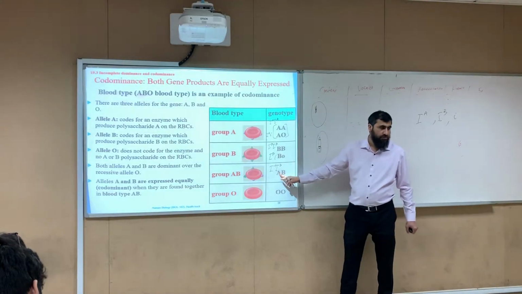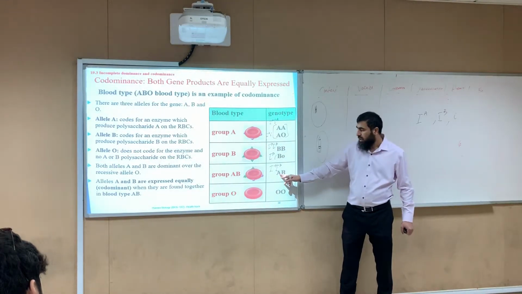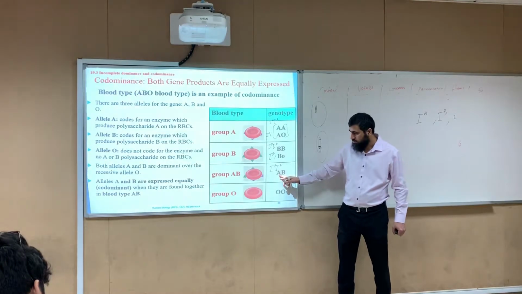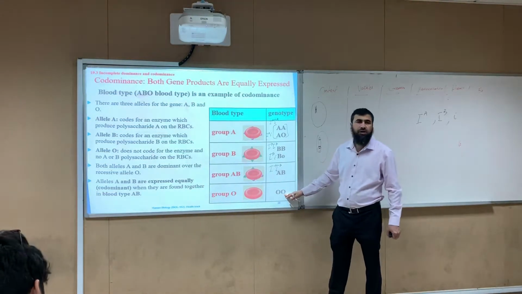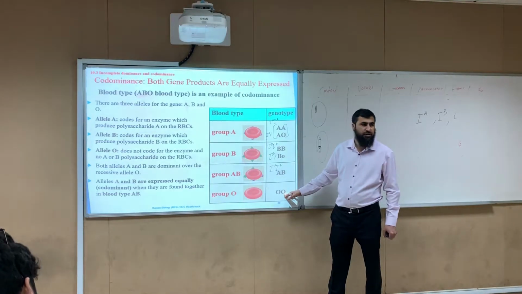Both of the antigens A and B are expressed equally, okay? And the O is recessive. To get this phenotype, you must have none of the antigens, okay?